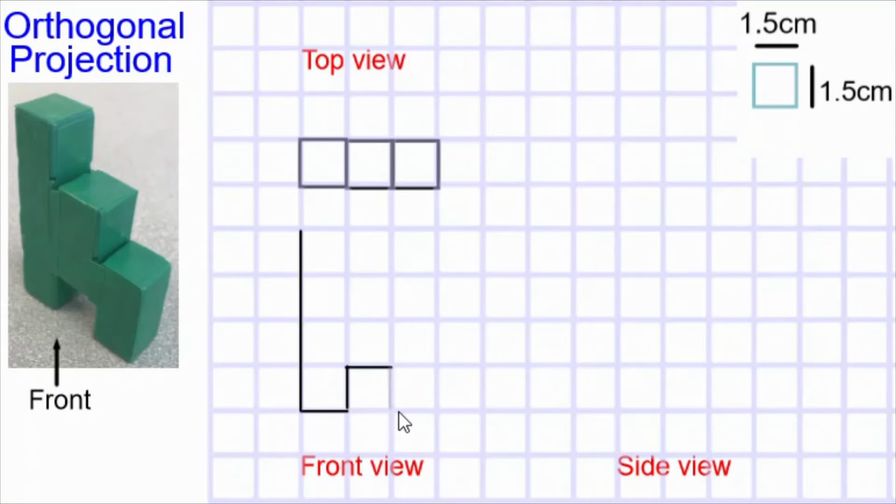Another vertical. Another horizontal. Now on this side, it's going to be 3 centimeters. So I need a longer line. And then we're back to these short 1.5 centimeter lines.